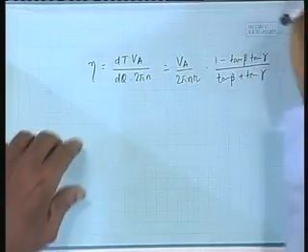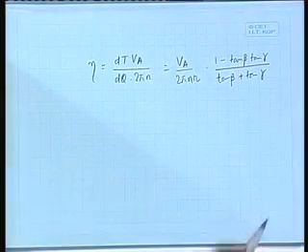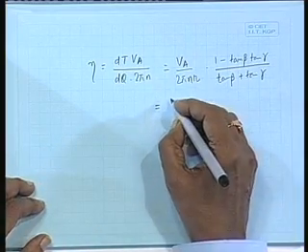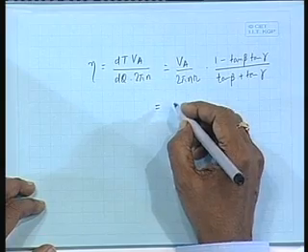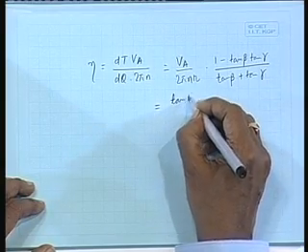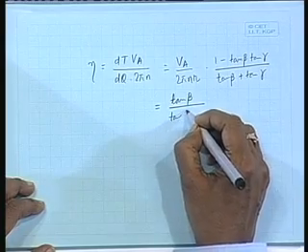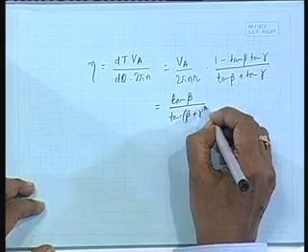You can just work it out, it will come out to be this. That is equal to tan beta divided by tan of beta plus gamma.